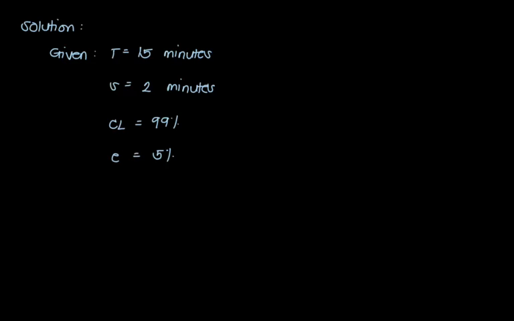Now, again, from our list of common Z values, for a given confidence level of 99%, the Z value from the table is 2.58.